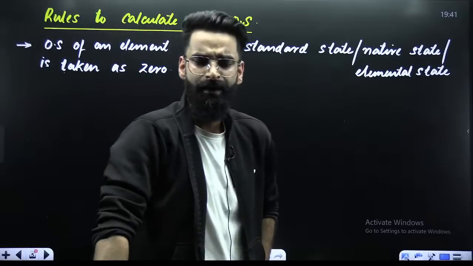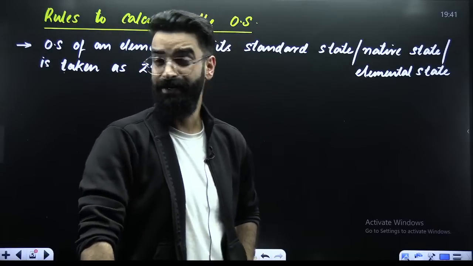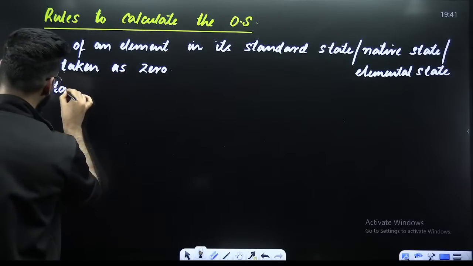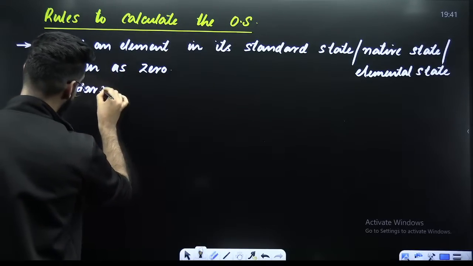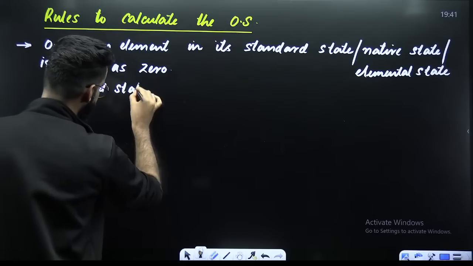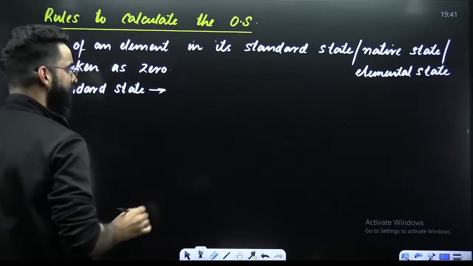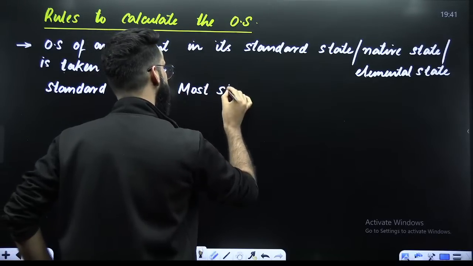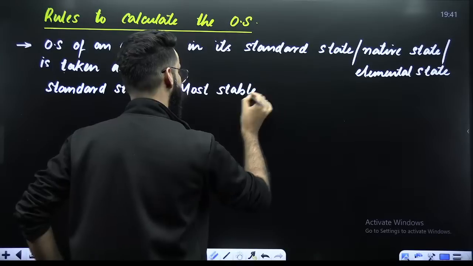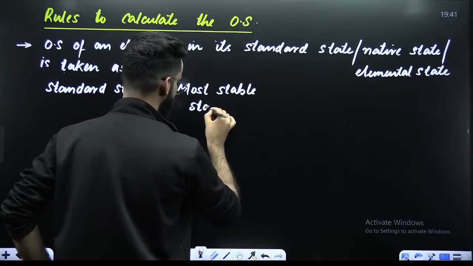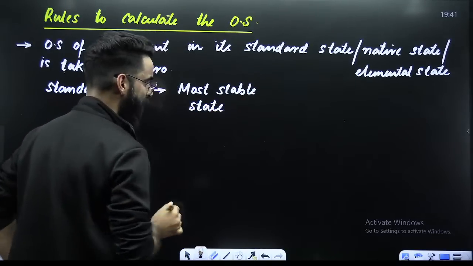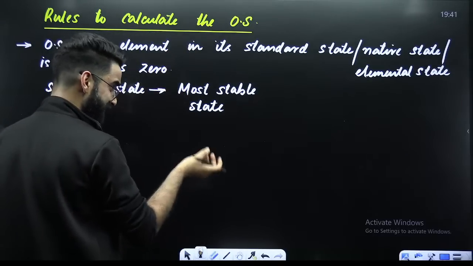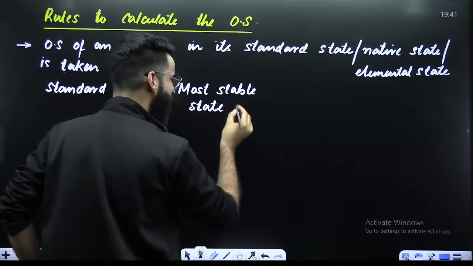Now, you must be thinking, what is meant by the standard state of an element? Let me first of all tell you, the standard state of an element is basically the most stable state of an element, or let me write it more precisely, the most stable state of an element thermodynamically.